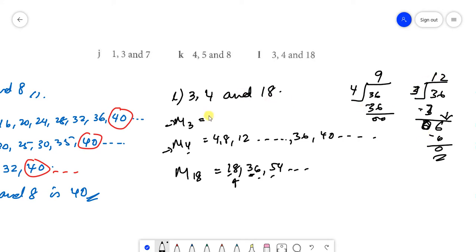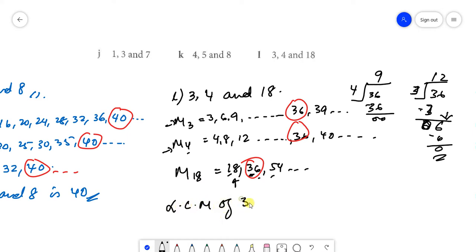So we can write 3 ones are 3, 3 twos are 6, 3 threes are 9, and we have 36, 39, and so on. So we find our lowest common multiple for all three numbers: 36, 36, and 36. So we can write LCM of 3, 4, and 18 is 36.